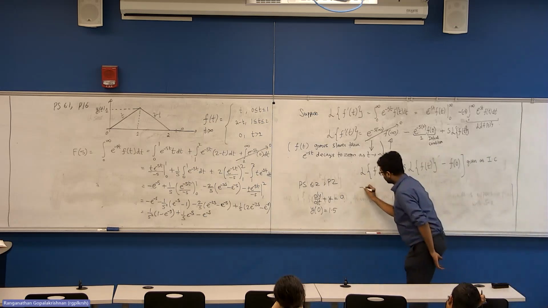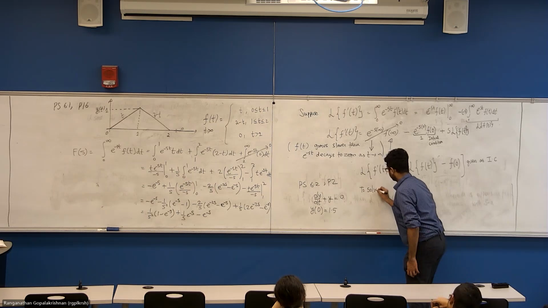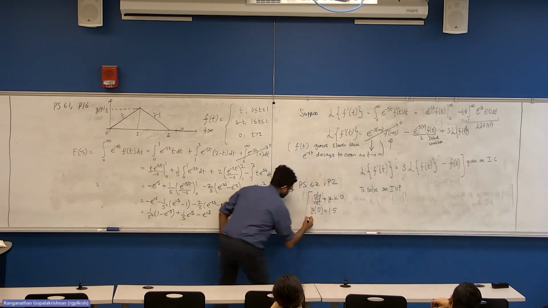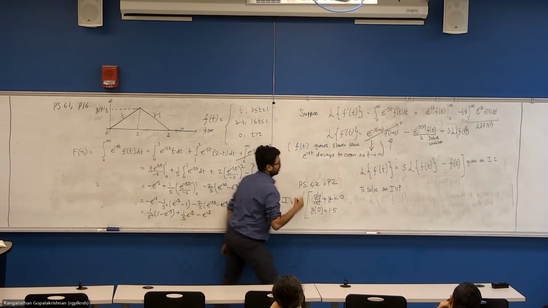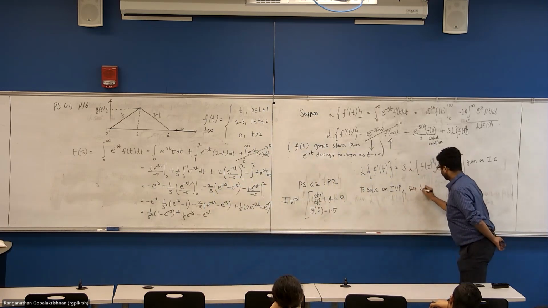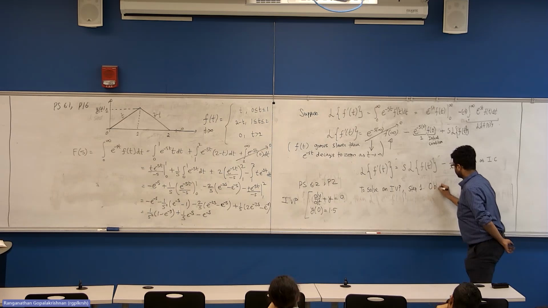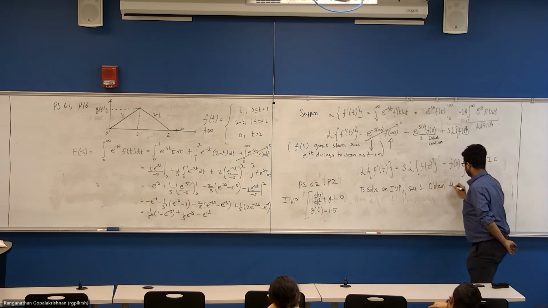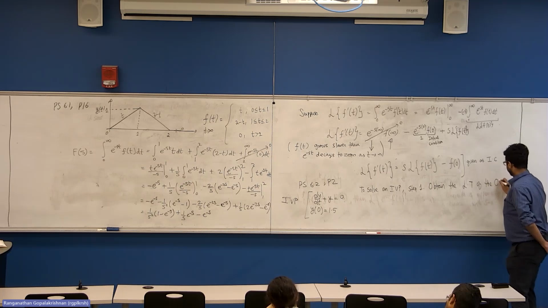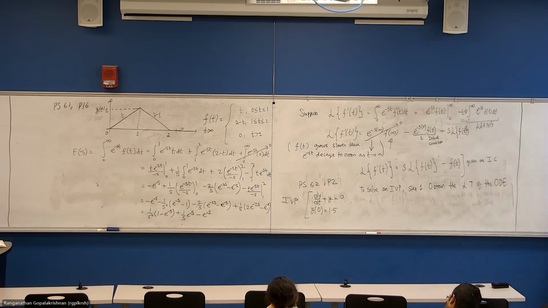So to solve an initial value problem, which is this, step 1, obtain the Laplace transform of the ODE. What I'm writing here is applicable for any order of ODE.